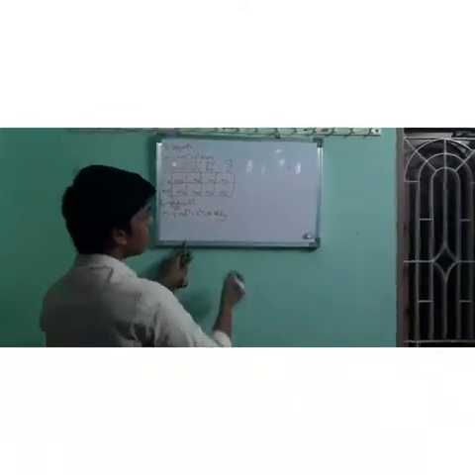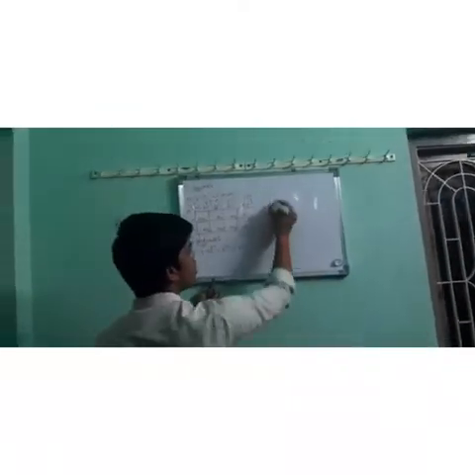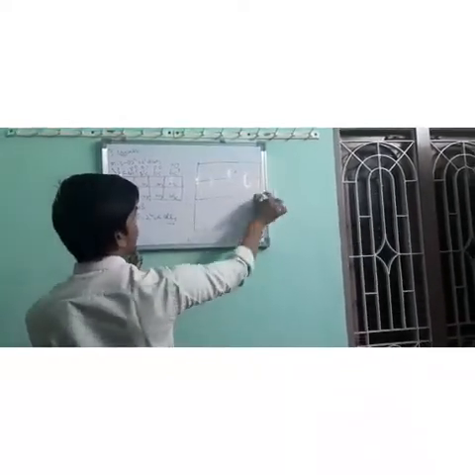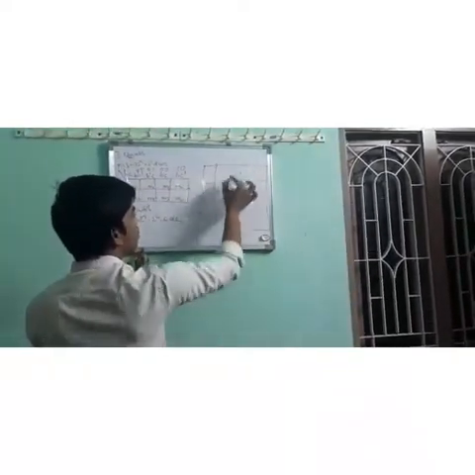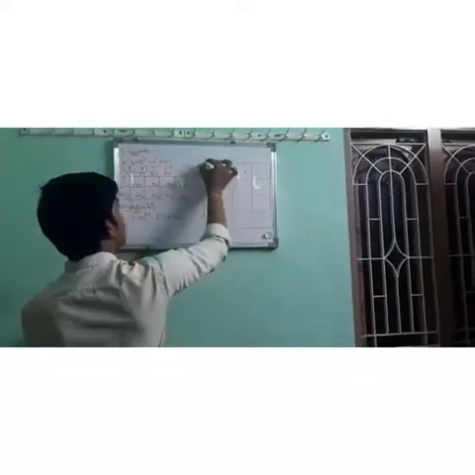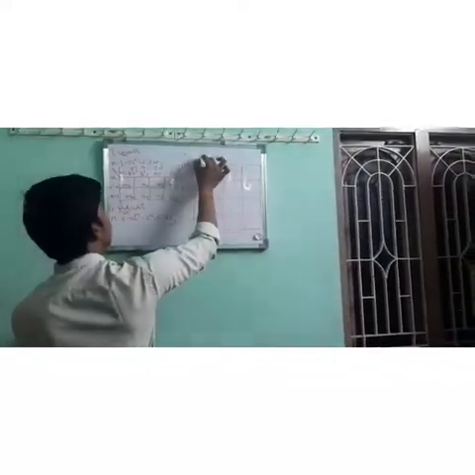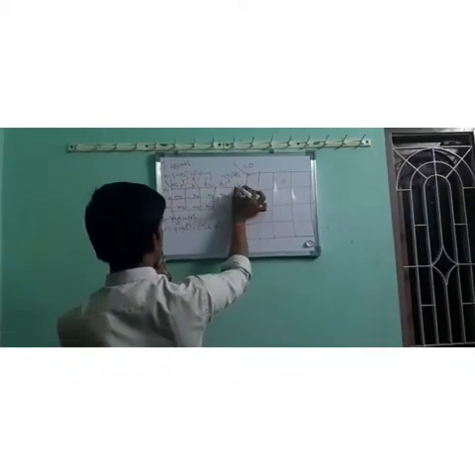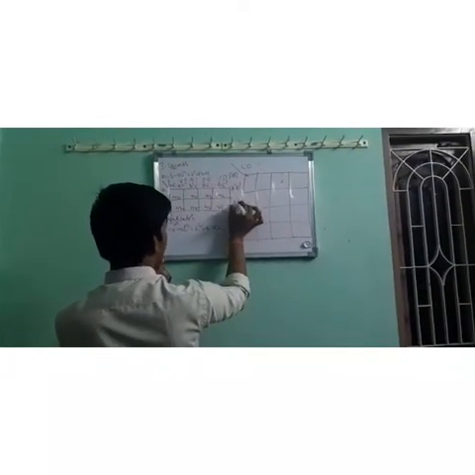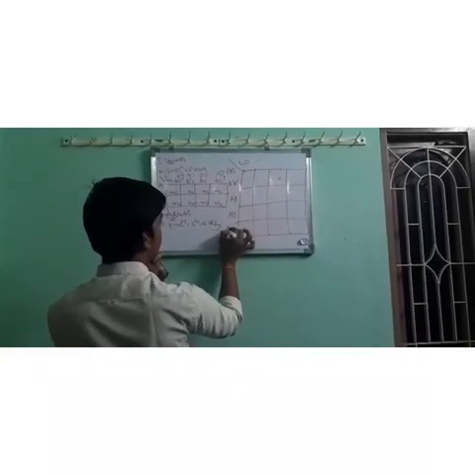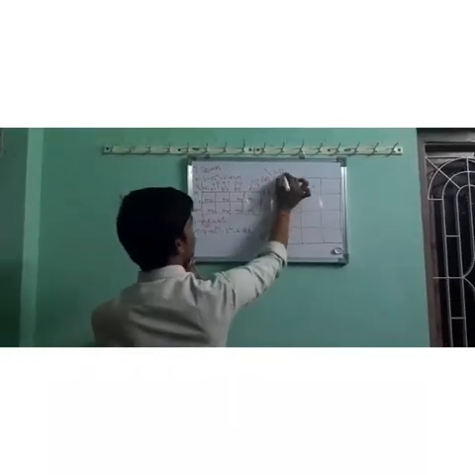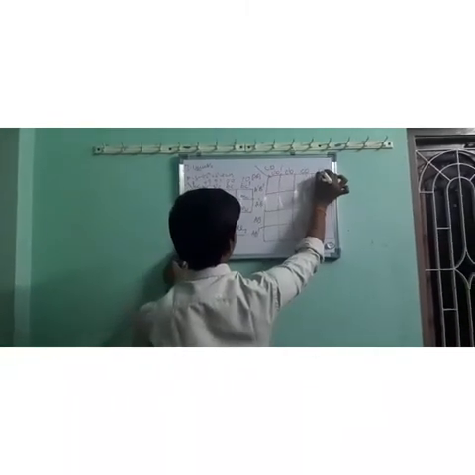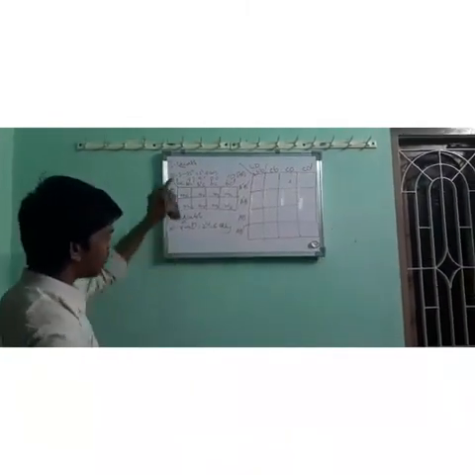It has 4 inputs A, B, C, D. Here it is represented as A complement B complement, A complement B, AB, AB complement, C complement D complement, C complement D, CD, CD complement.